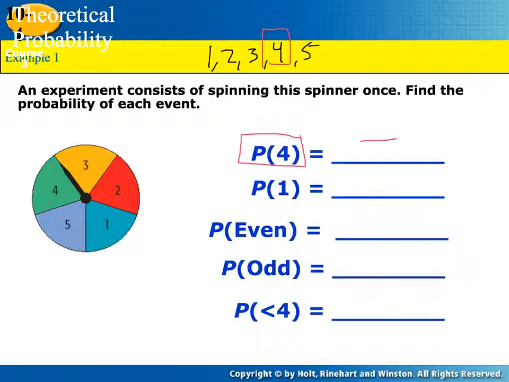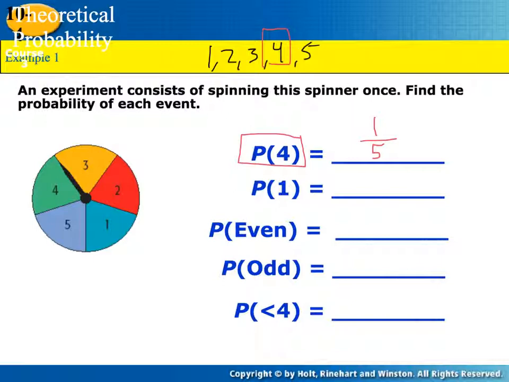How many outcomes do you have? Well, we have 5 possible outcomes. If I wanted to get a 4, what is the theoretical probability of getting that 4? 1 out of 5 chance. I didn't get that actual 4. That's the theoretical, what I could possibly get out of those 5 answers.